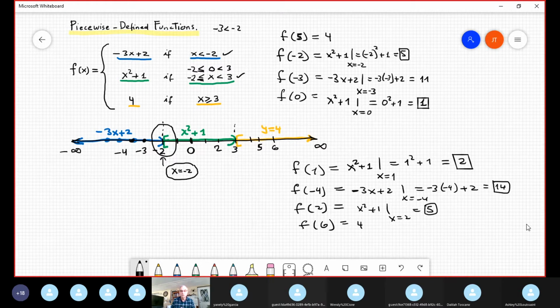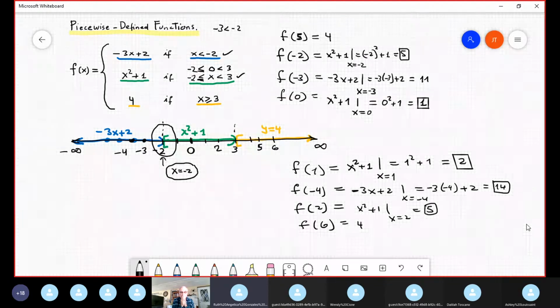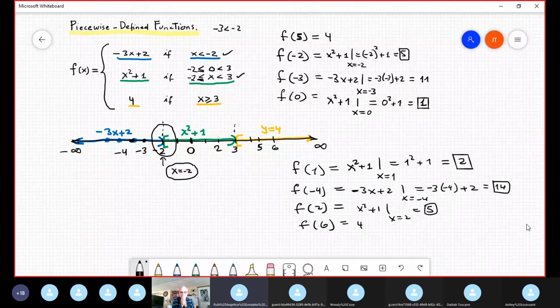I just have a question. I understand the mathematical part. I just don't understand why between the blue and the green, for example, you have a parenthesis and a bracket on the graphic.